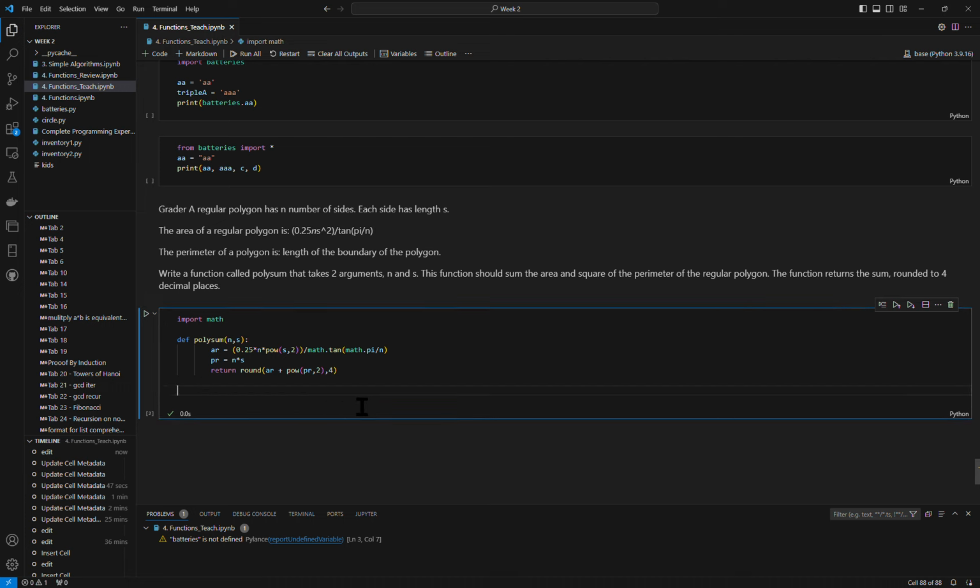Now this works fine. Now we need to call this function such that it is taking two inputs. Let's say the number of sides is 10 and the length of each side is 5. Let's see what we get if we run this command. It returns 2692.3552.